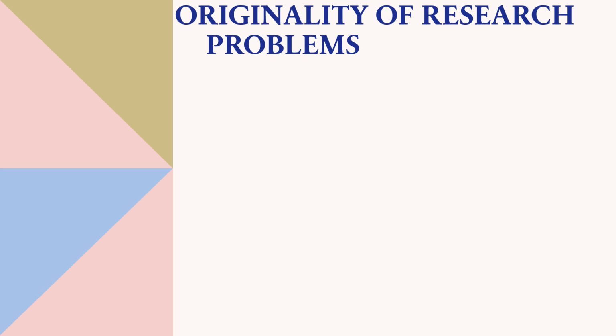And in this particular slide, I'll present different ways in which you can ensure originality of research problems. Number one, you can say something that nobody has said before. And in that way, if you say it the way nobody has said it before, for the first time, you'll be contributing to the originality of research.